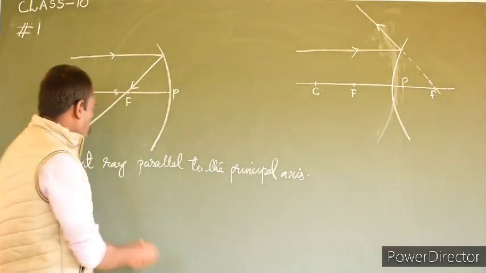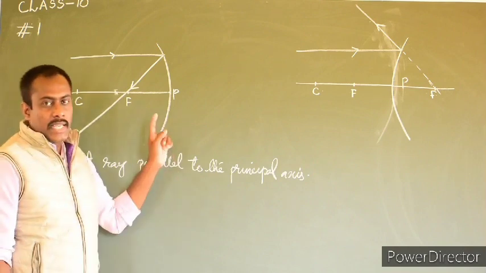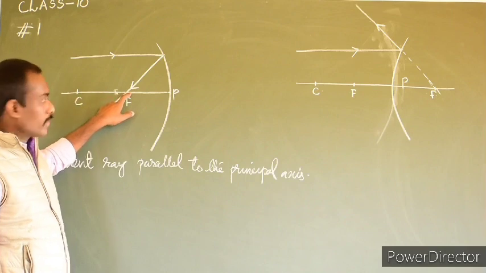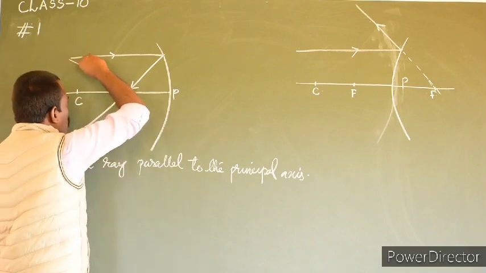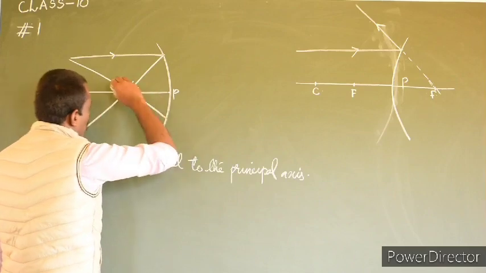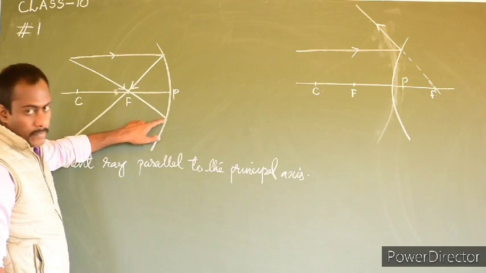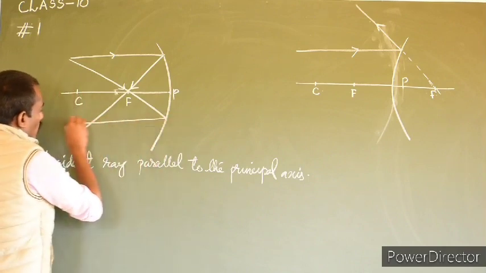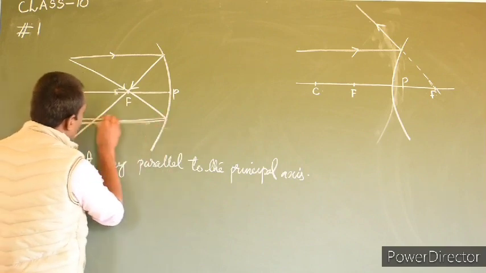Then the second ray we are going to consider is an incident ray which is passing through the principal focus of the mirror. Consider another incident ray which is passing through the principal focus for a concave mirror. After reflection, the reflected ray will always be parallel to the principal axis.